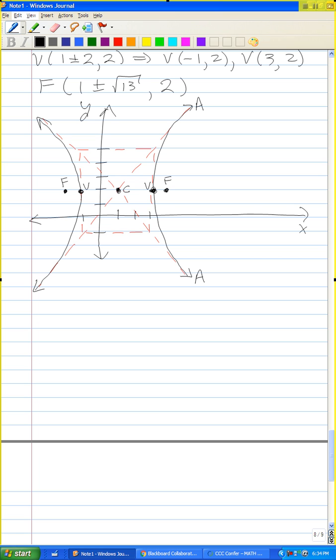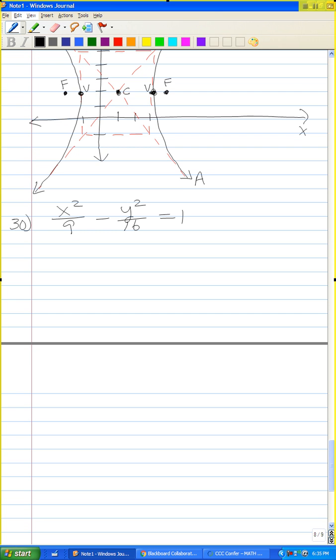Let me do, let's say, problem number 30. So problem 30 is in exercises 28 through 34, determine the foci of the hyperbola. And so, x squared over 9 minus y squared over 16 is equal to 1. And so let's figure out the foci.